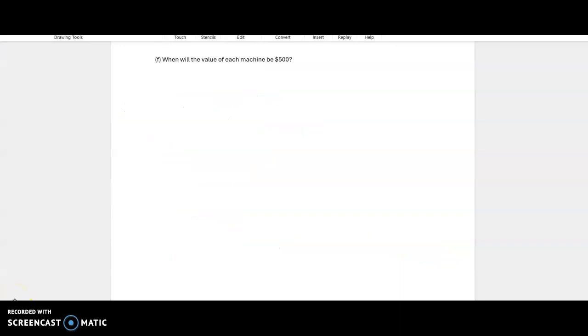We are also asked when will the value of each machine be 500. So it's asking when is V of x equal to 500? Well, let's take our equation, negative 500x plus 2,500, and go ahead and solve for x.